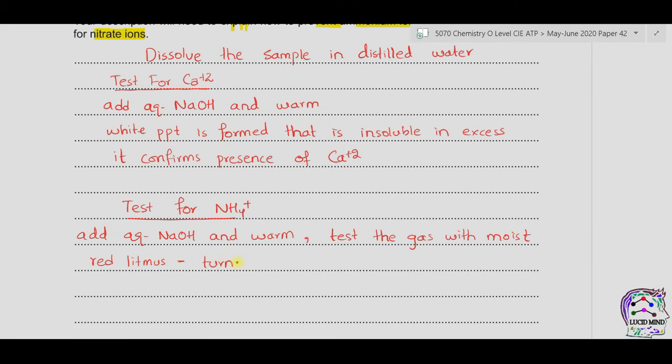It will turn blue. It confirms the presence of NH4 plus.